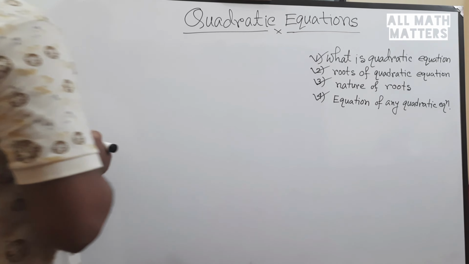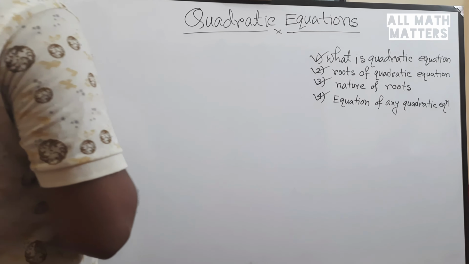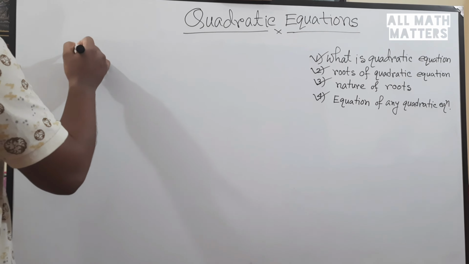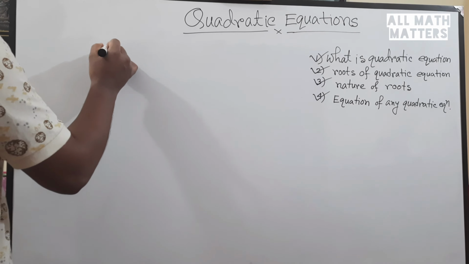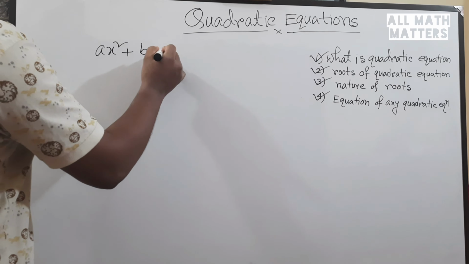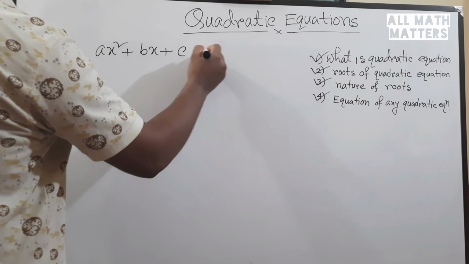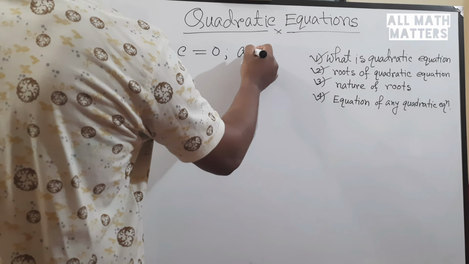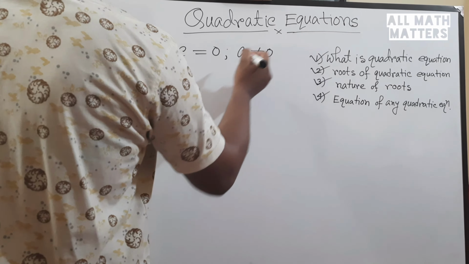Okay, first question is, what is quadratic equation? So the general form of quadratic equation is ax square plus bx plus c equal 0. But here condition is a must be not equal 0.